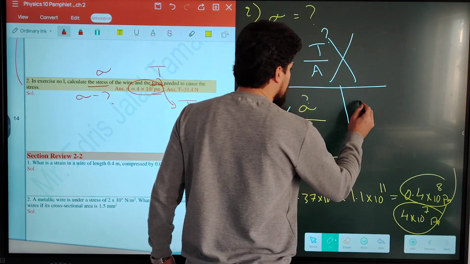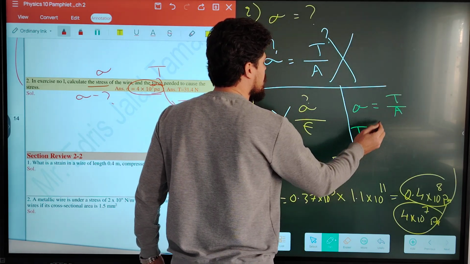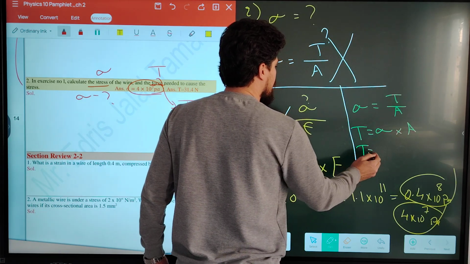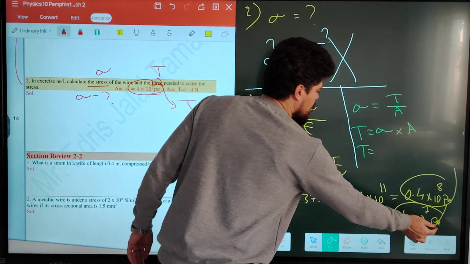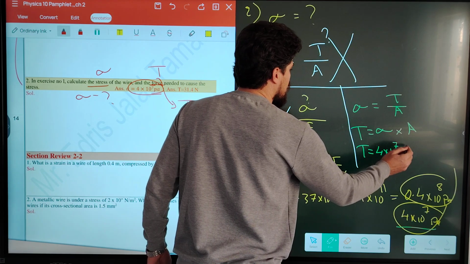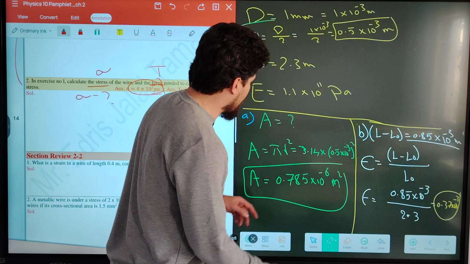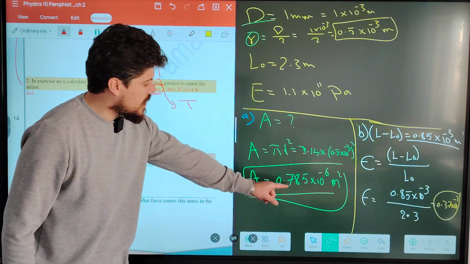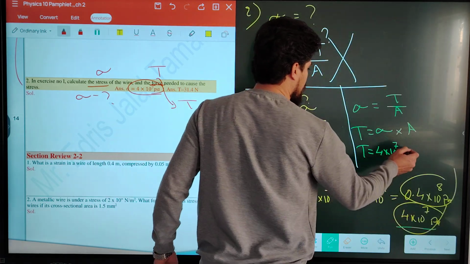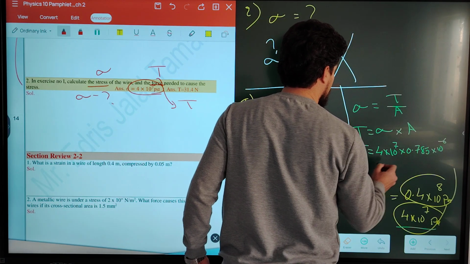Stress is equal to tension over area. Tension is equal to, rearranging, stress times area. Do we have stress? We didn't have it, but we found 4 times 10 power 7. Do we have area? We also didn't have area, but we found it: 0.785 times 10 power negative 6.